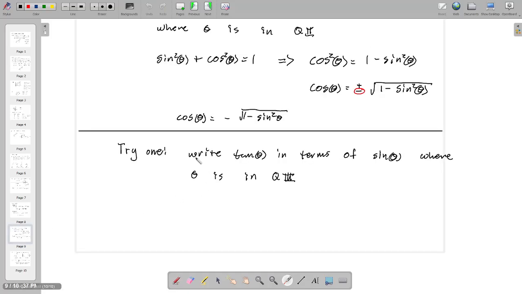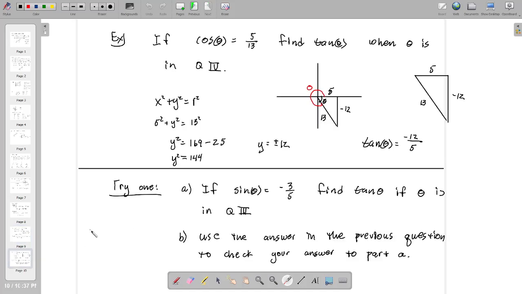What I want you to do is use your answer here in this try one problem. Notice that we have tangent in terms of sine. So if I know what sine is, I should be able to figure out what tangent is when theta is in quadrant 3. So use that answer to figure out what tangent of theta is when theta is in quadrant 3 if sine is equal to negative 3/5.